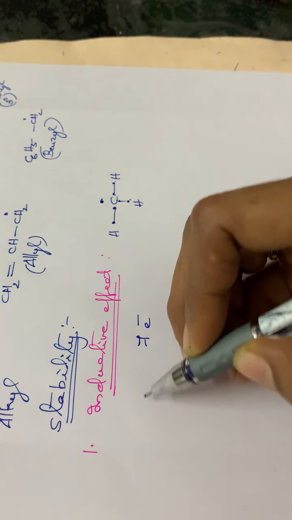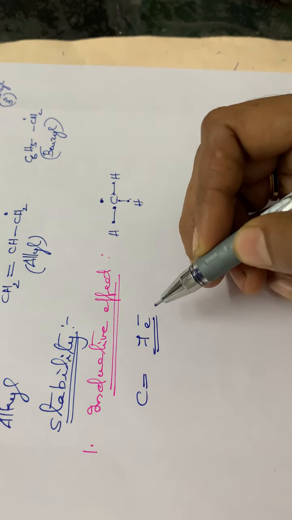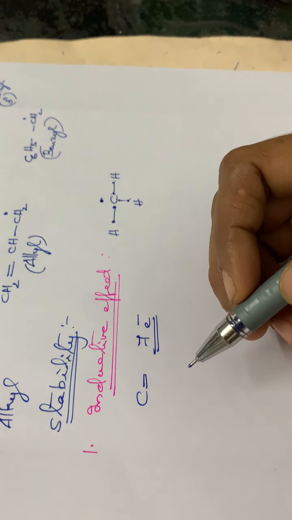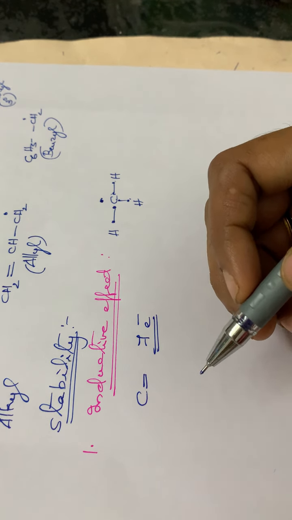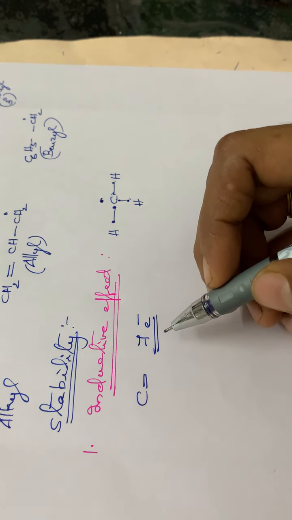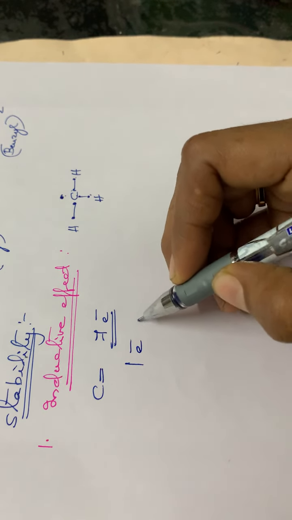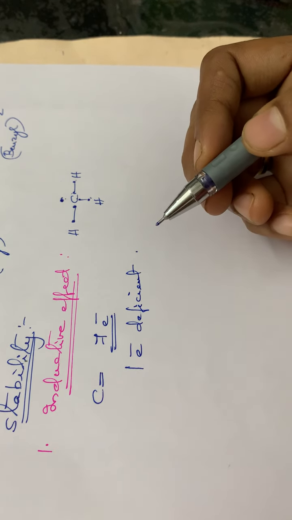For a stable octet inert structure, 8 electrons are necessary. That means this carbon atom is electron deficient, by 1 electron.